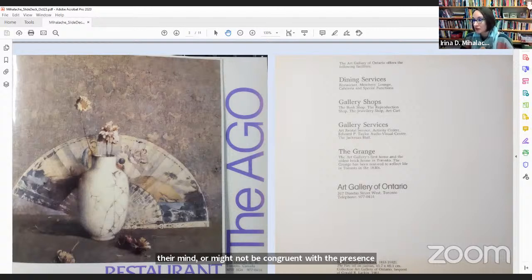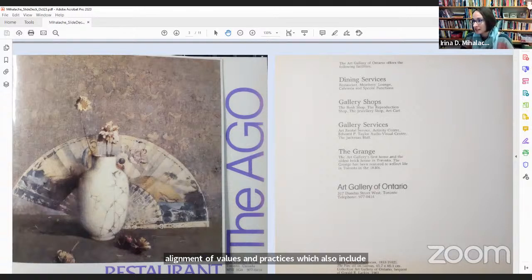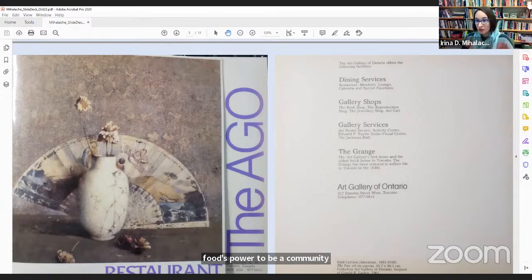So bringing a restaurant inside a museum implies an alignment of values and practices, which also include financial and monetary considerations. And sometimes bringing a restaurant within a museum might take away the food's power to be a community builder or a community connector or an intercultural bridge.